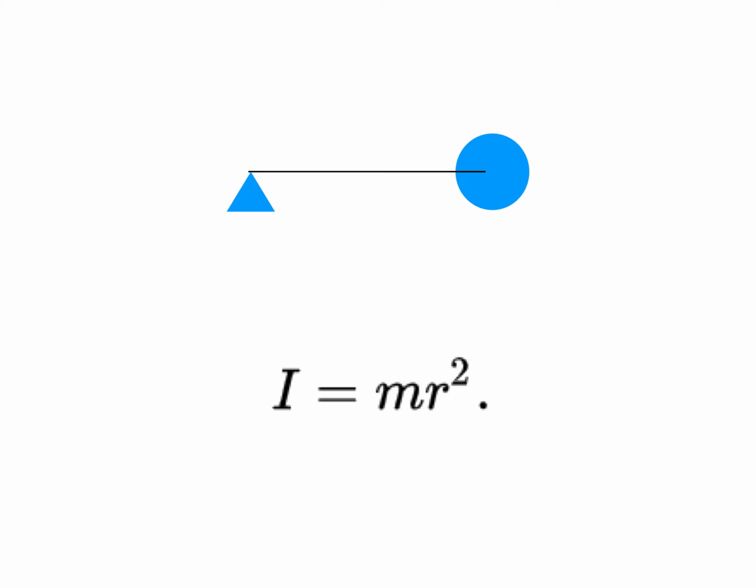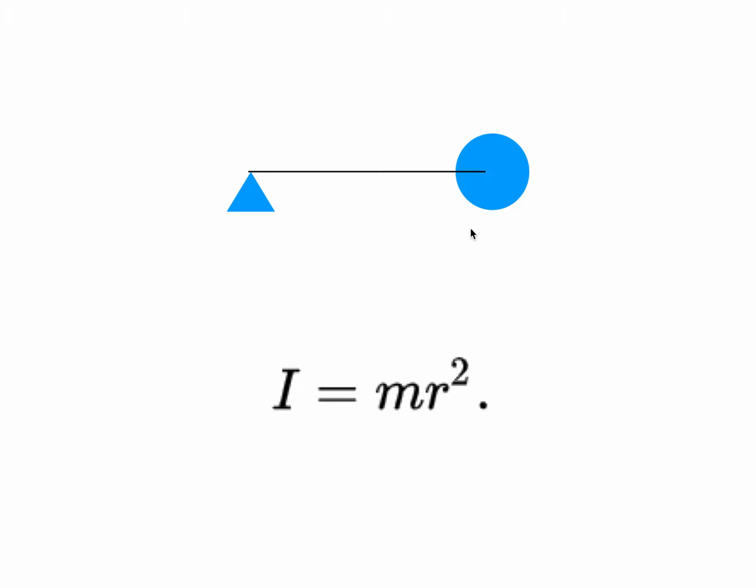Okay, how do we calculate moment of inertia? Here is a pretty classic and ideal equation. When we're calculating moment of inertia for a point mass, we can use mass times r squared.